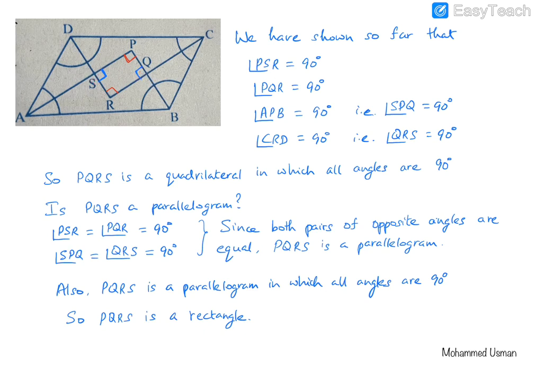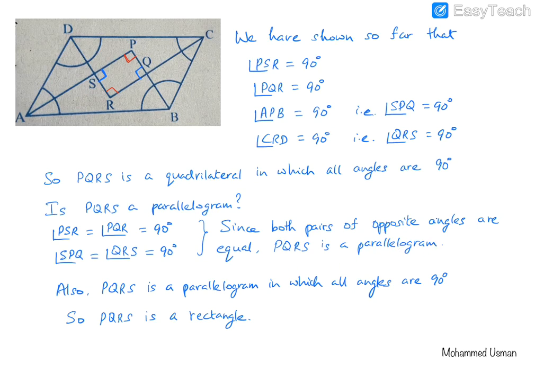Similarly, SPQ and QRS, which I've shown in red, they are another opposite pair of angles which are also both equal to 90 degrees. So since we have the opposite pairs of angles to be equal, this satisfies the condition for a parallelogram. Okay, it's a parallelogram if the opposite pairs of angles are equal, and since this property is satisfied, we say that PQRS is indeed a parallelogram.